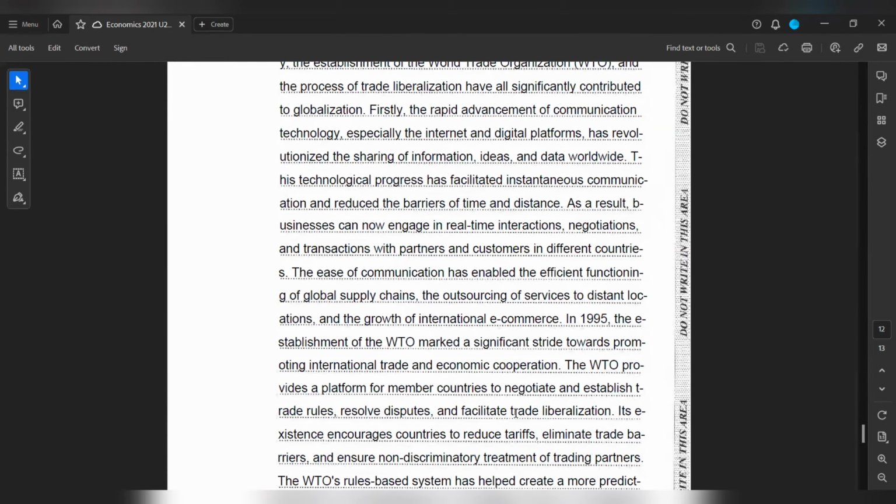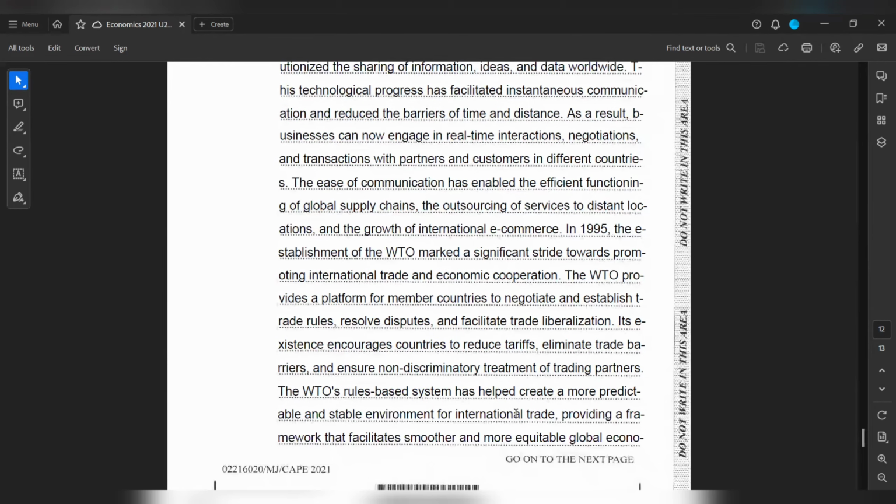In 1995, the establishment of the WTO marked a significant stride towards promoting international trade and economic cooperation. The WTO provides a platform for member countries to negotiate and establish trade rules, resolve disputes, and facilitate trade liberalization.